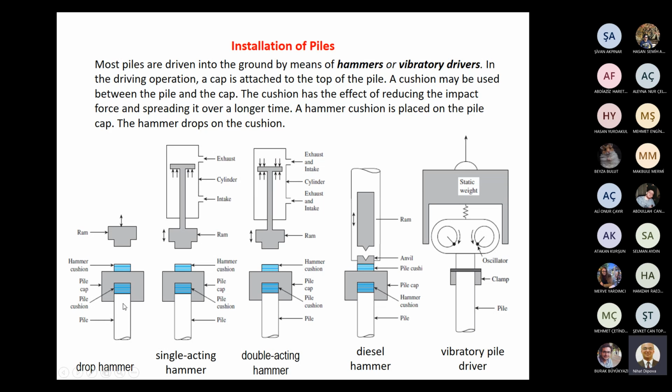Cushion material, generally rubber-like material, is placed between cap and the pile and above the cap. In other words, between cap and hammer.